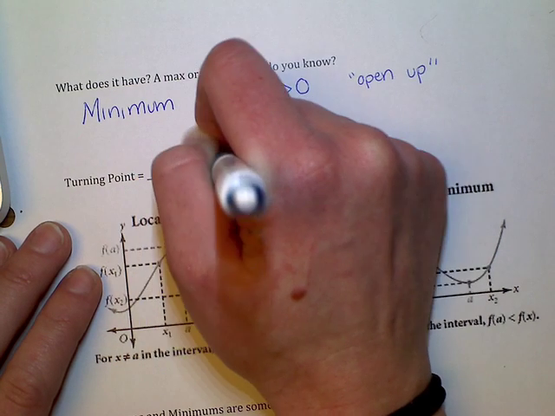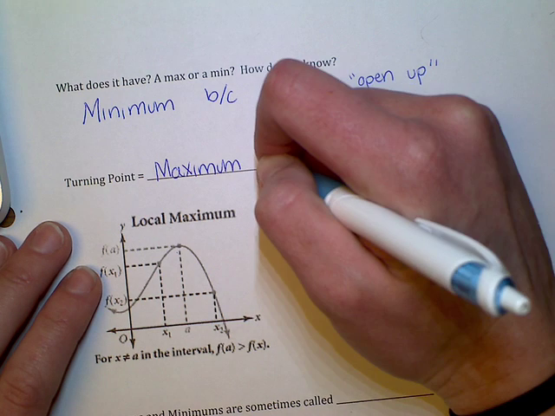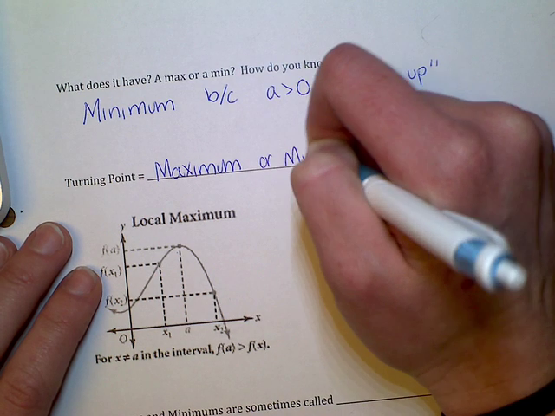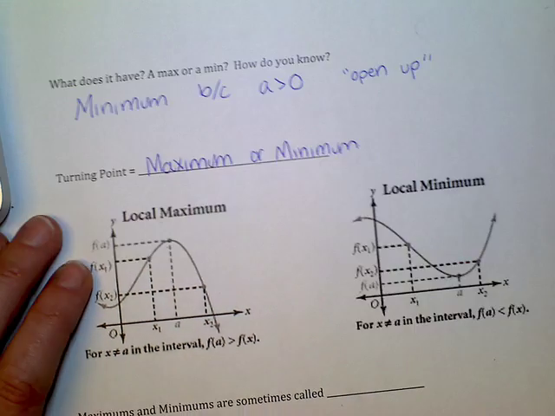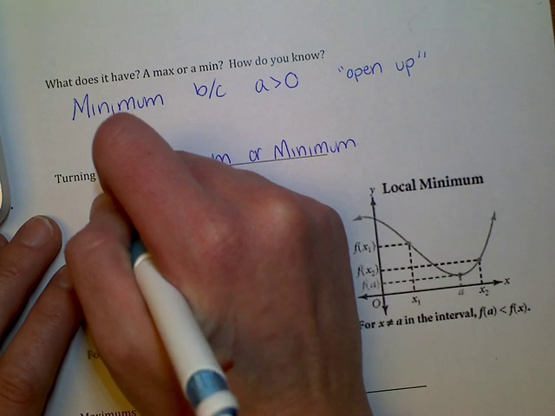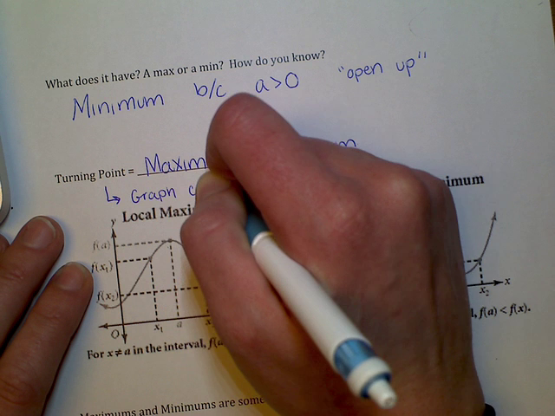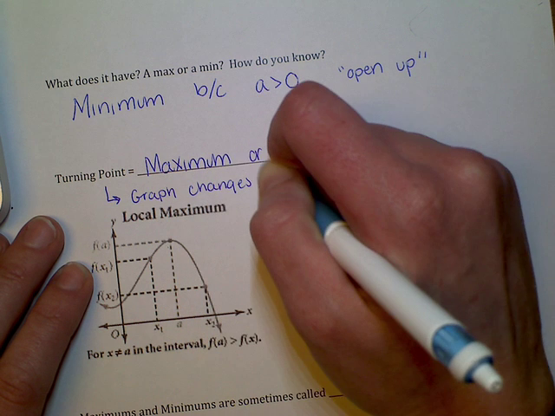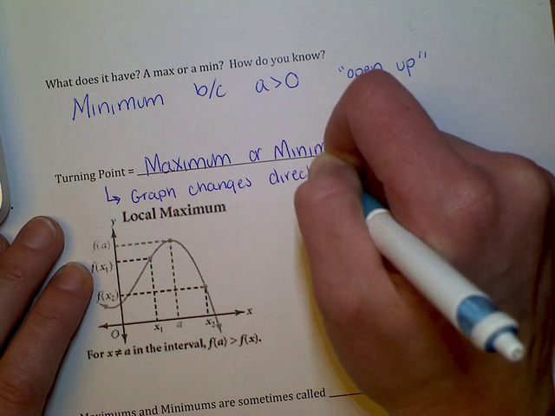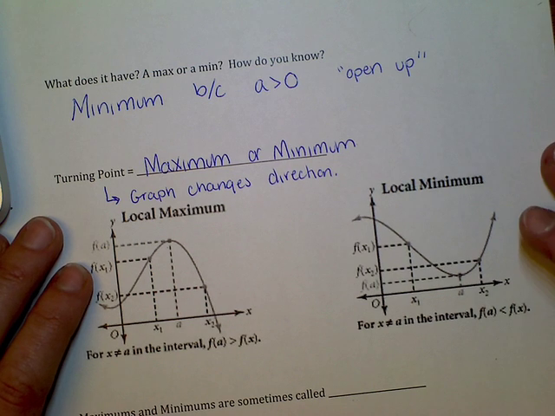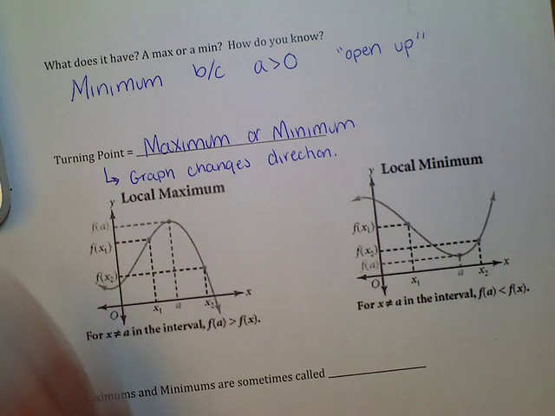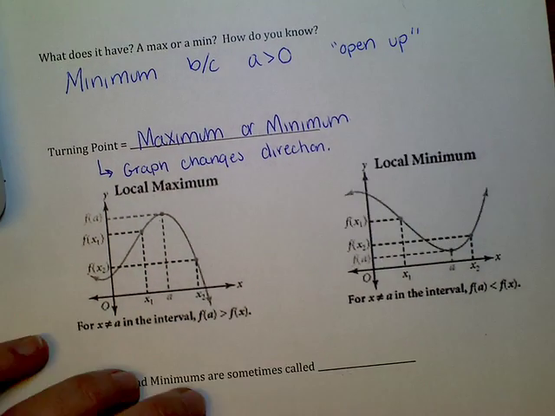Every turning point is a maximum or a minimum. A turning point is when your graph changes direction. Every time our graph changes direction, we're going to have a max or a min.